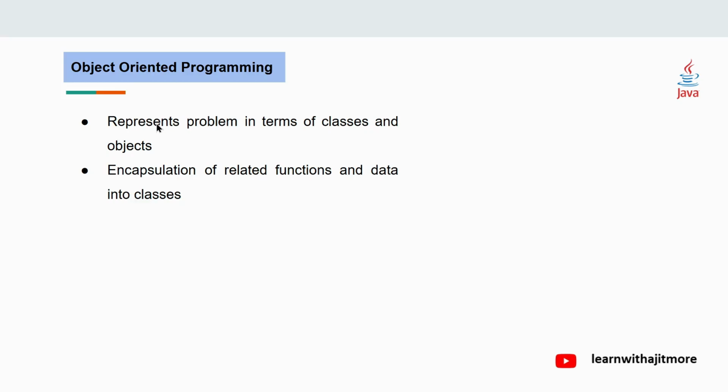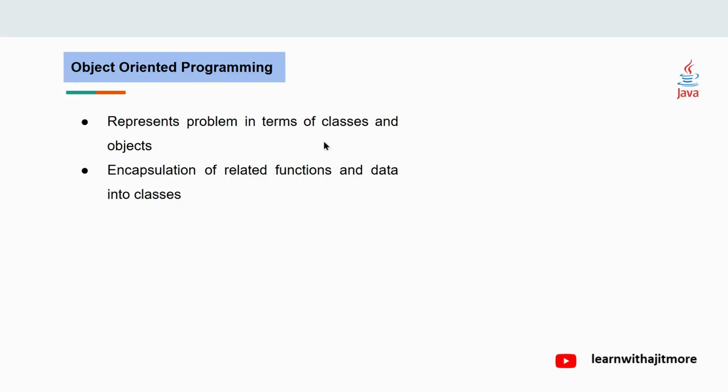Here, what we do is put the related functions and the related data into a compartment. That is the main thing. OOP is based mainly on classes and objects. It represents the problem in terms of classes and objects, whereas procedure oriented solves the problem in terms of procedures, dividing the problem into smaller problems.